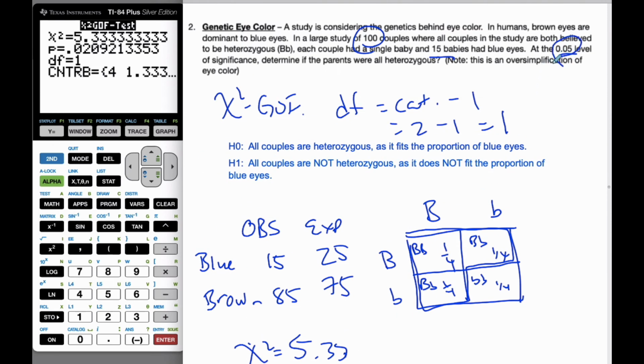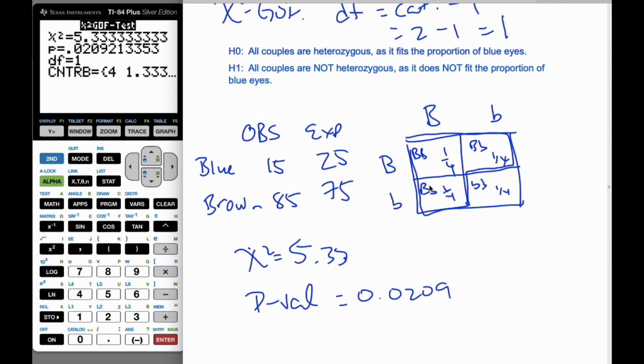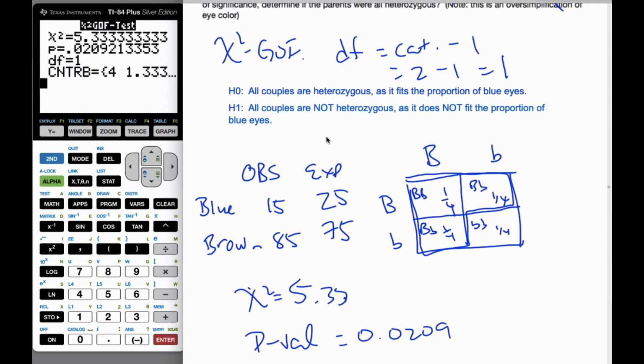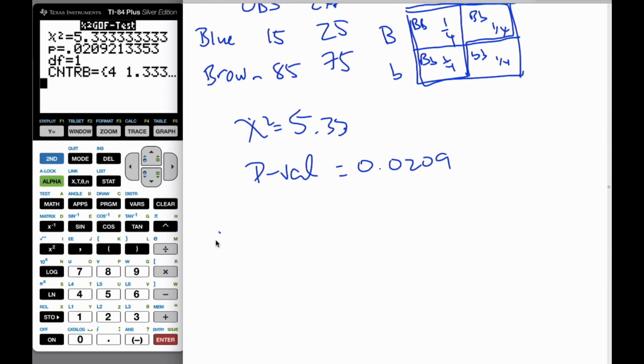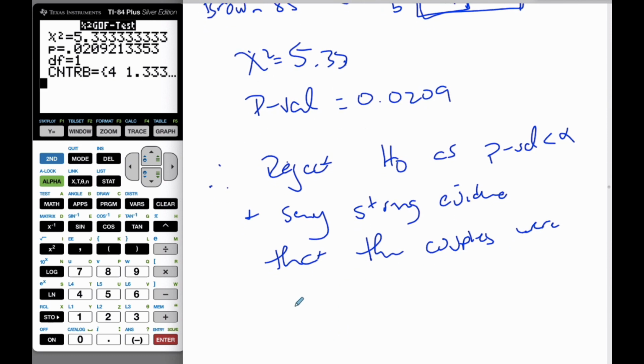My alpha level is 0.05, so based upon my p-value, I am going to reject the null hypothesis, as the p-value is less than alpha, and say there is strong evidence that the couples were not heterozygous.